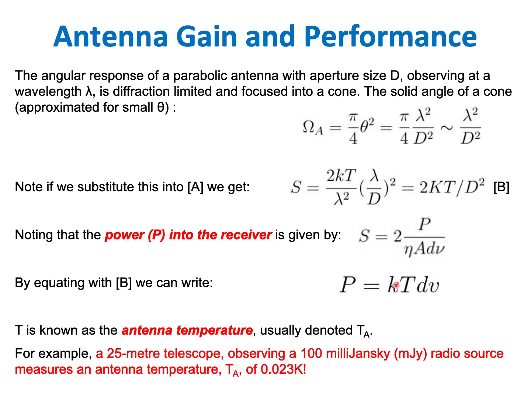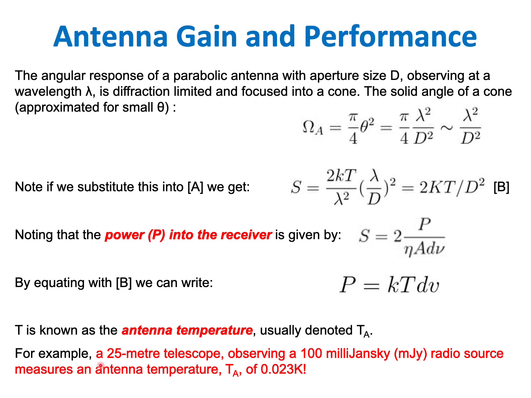Now here, the T is what we call antenna temperature. We usually denote it as T sub A. This is different than the brightness temperature. This is the temperature we're seeing that seemingly our antenna is increasing by when this astrophysical electromagnetic wave hits it.